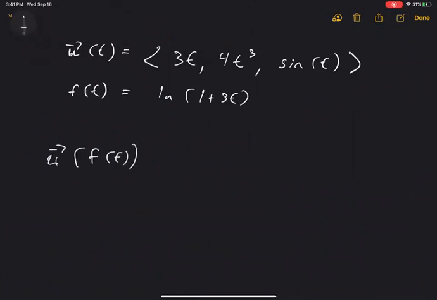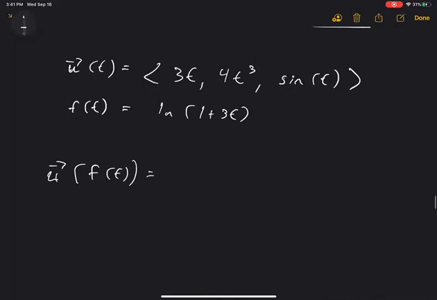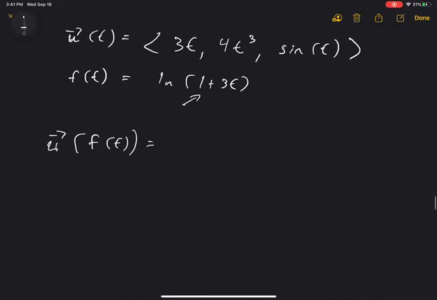Well, this is just composition of functions. So remember how you do composition of functions. If I have u of f of t, I take t and plug it into f, and then I take that output and plug it in for t in my function u.